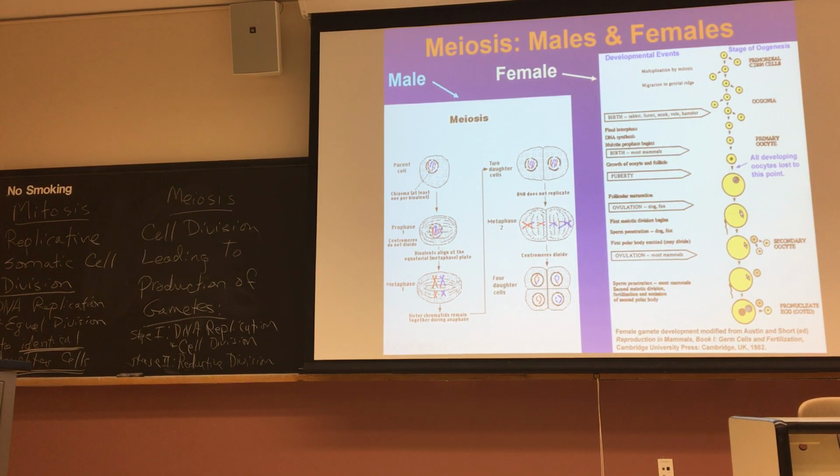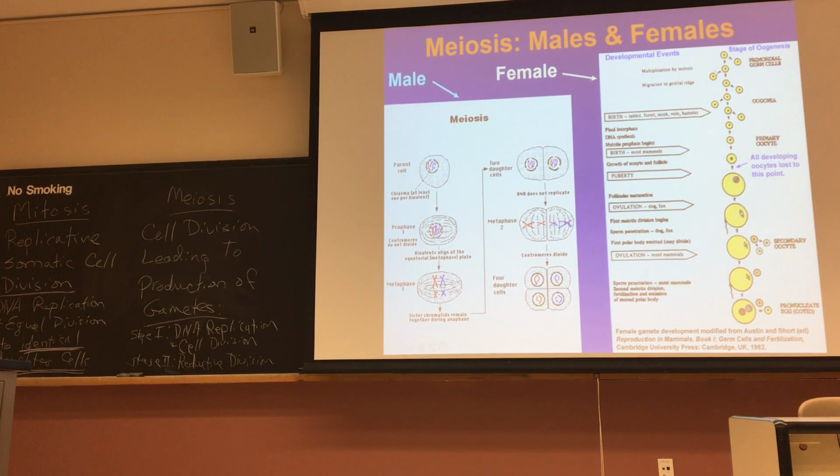And this is well prior to birth. In males, the spermatogonia, before they commit to meiosis, also divide mitotically. And in males, that mitosis can continue to occur after birth, through adulthood, and essentially until death.